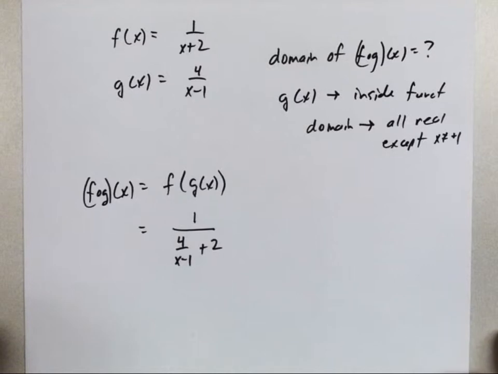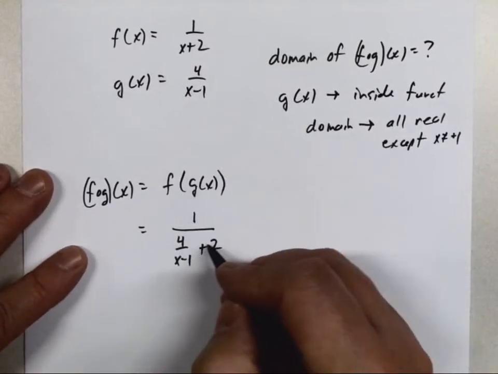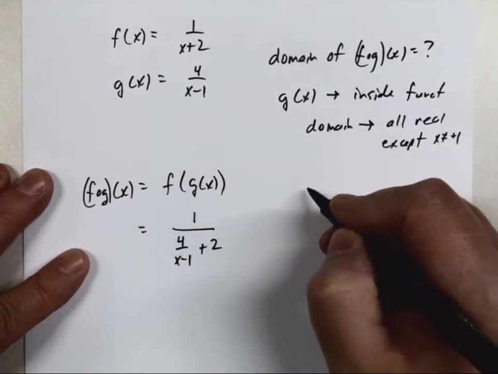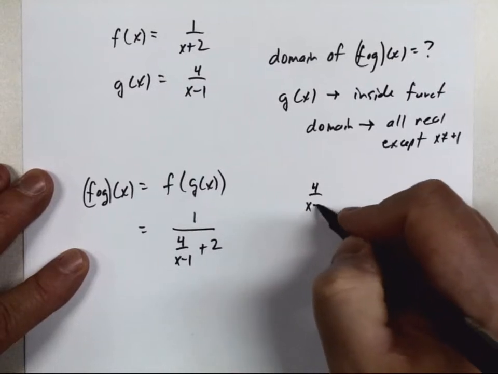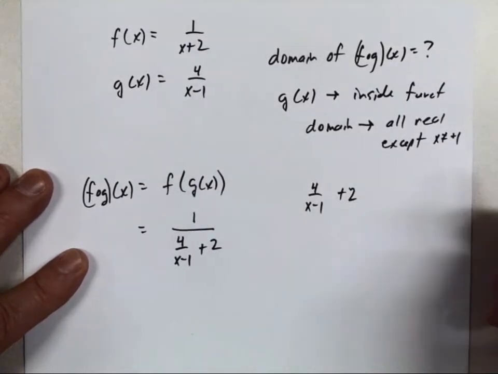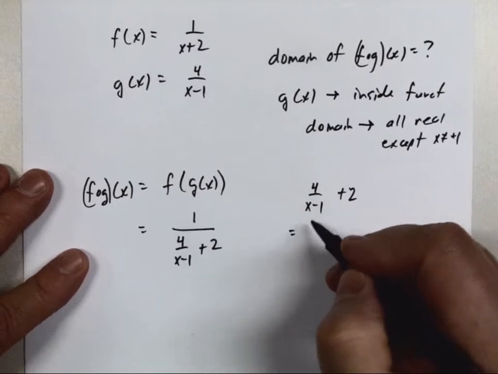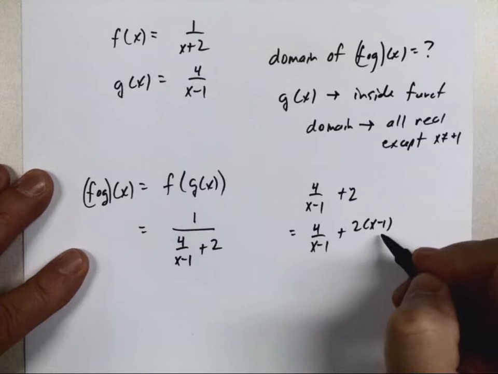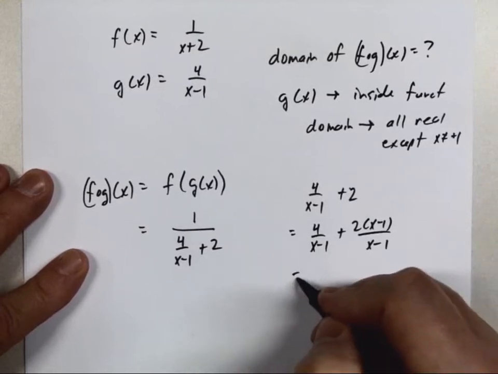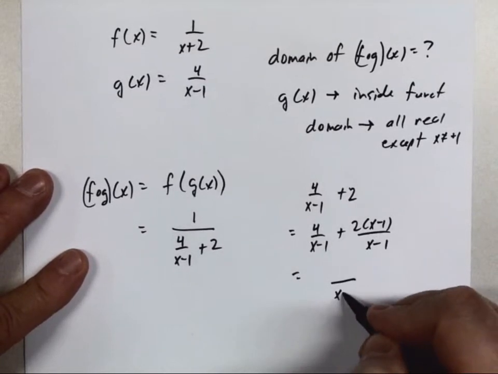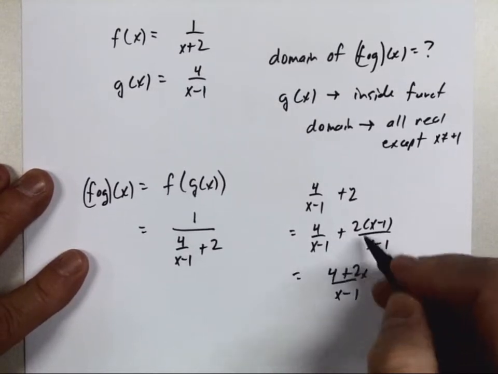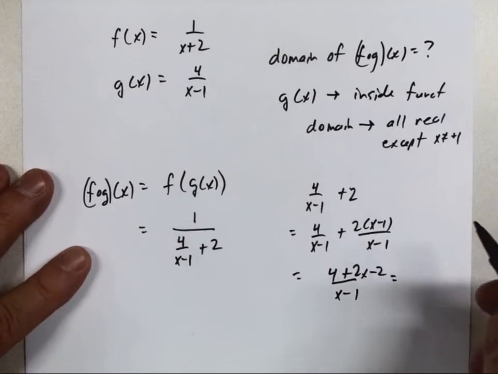Wow, looks pretty messy. What I need to do is go off to the side and once again combine these into one term or one fraction. So I need to get a common denominator of x minus 1. So now I can combine them. 4 plus 2x minus 2.